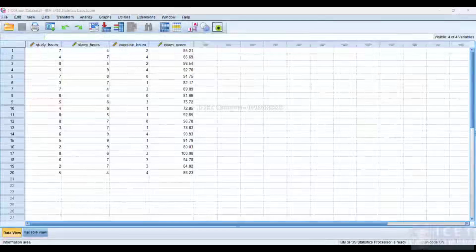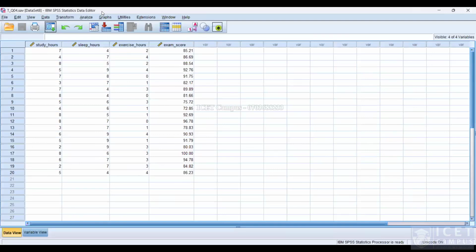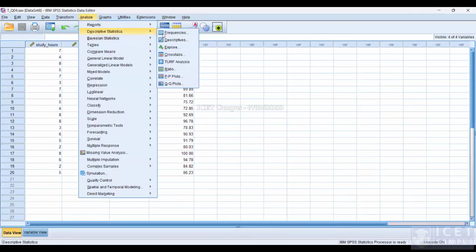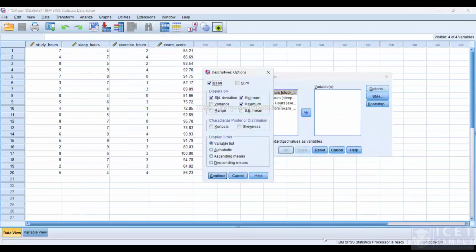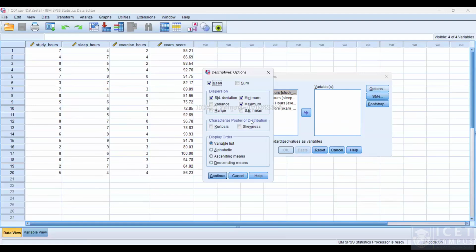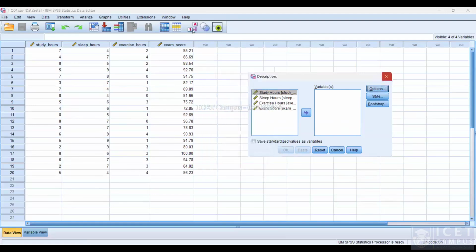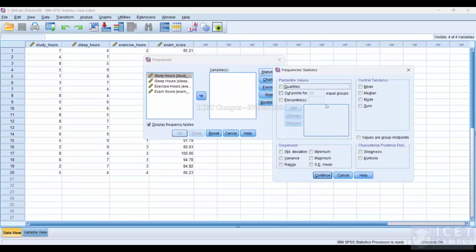Then what we need to do is first calculate mean, median, and standard deviation for study hours, sleep hours. So they're asking for descriptive statistics. It is not mentioned here which method, so we can go analyze, descriptive statistics, frequencies, then statistics, and select mean, median, standard deviation.